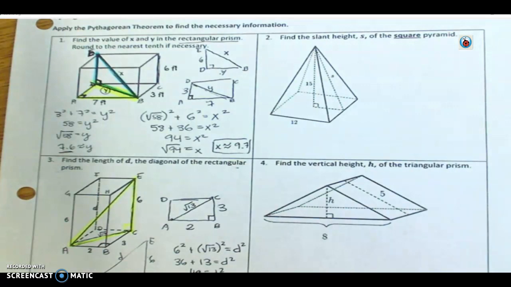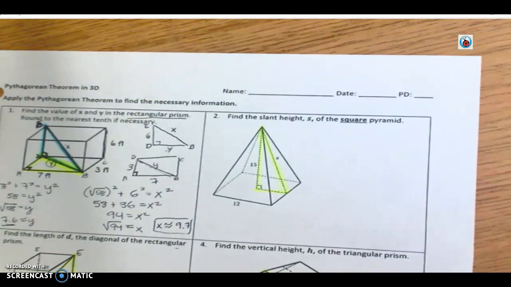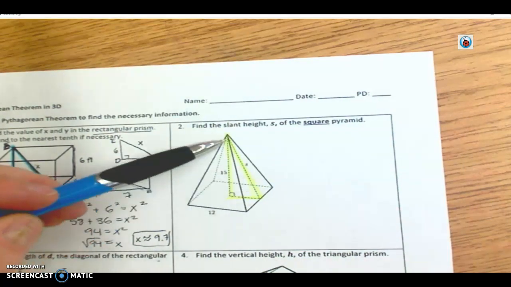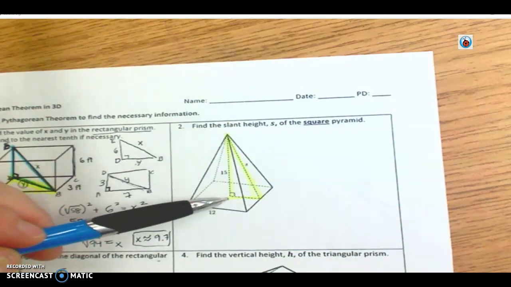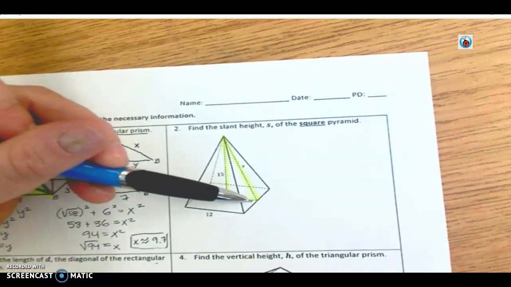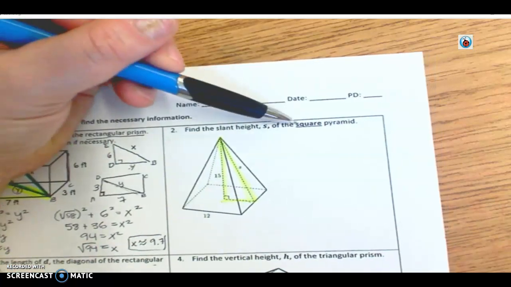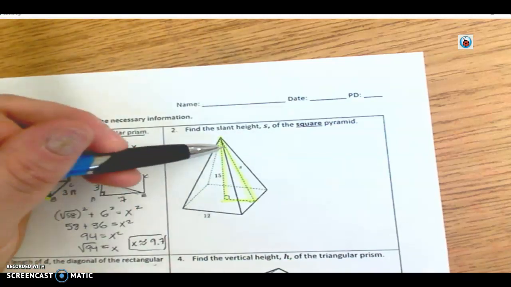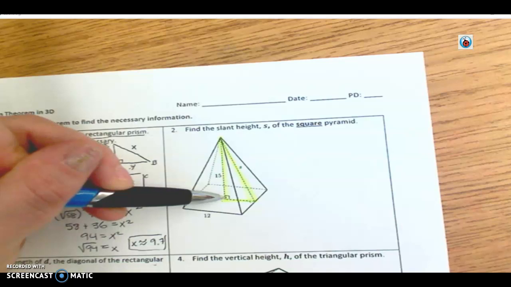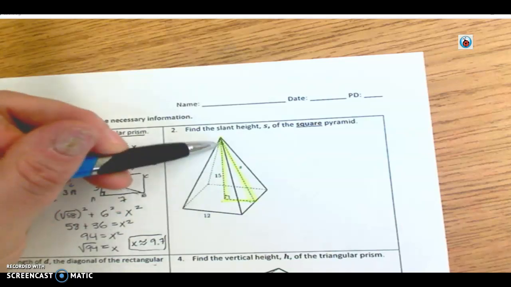All right, so here's triangle 2. And again, I just went ahead and highlighted the triangle that I saw. And then you need to use your reasoning to help you figure out all the missing parts. Like, we don't have this length, but we know that it's a square pyramid. And we know that the height of any 3D shape is always perpendicular and hits the center for the cone and the vertex.